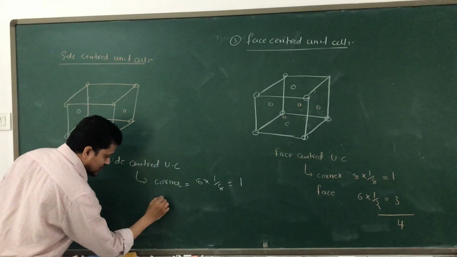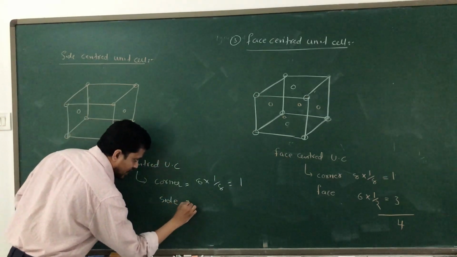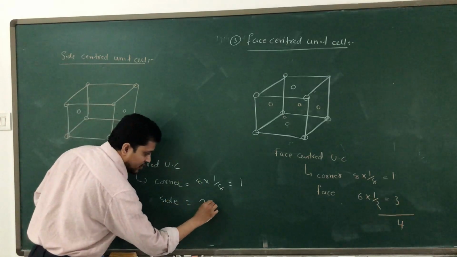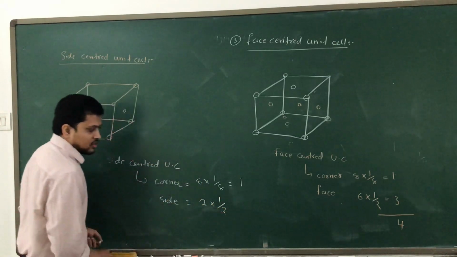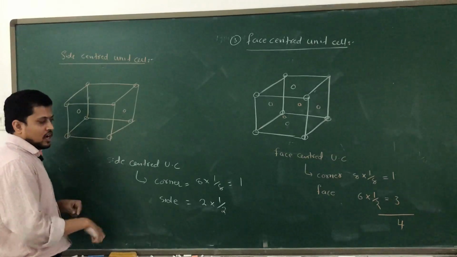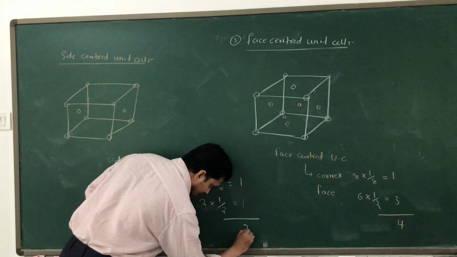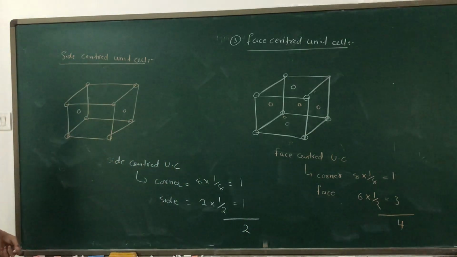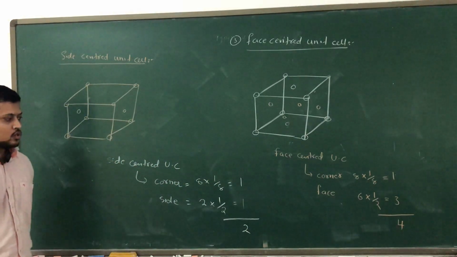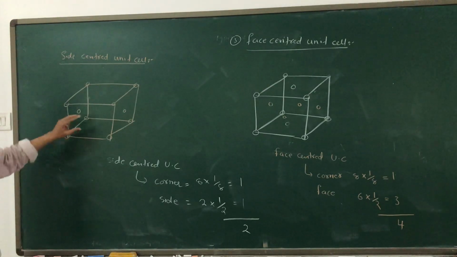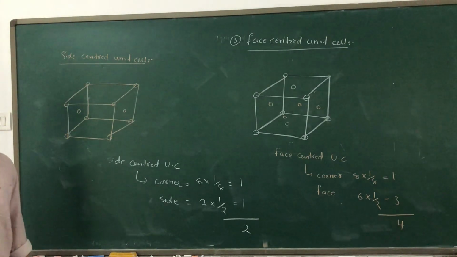And on the sides we have 2 atoms, and each one is sharing like the face, only half of its part, so it is going to be 1. So the total is 2, same as the body center. They share 2 atoms for this particular side centered unit cell.